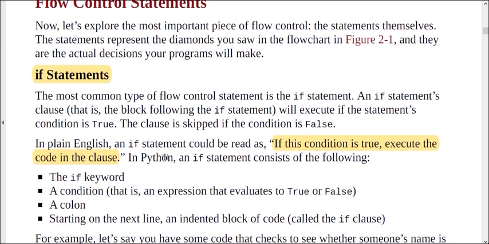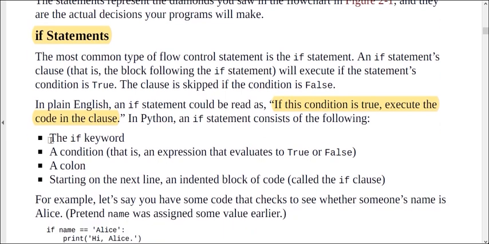The if statement in Python consists of the following: the if keyword, a condition, that is an expression that evaluates to true or false. The third is a colon to end the statement syntax, and starting on the next line there will be an indented block of code which is called the if clause.